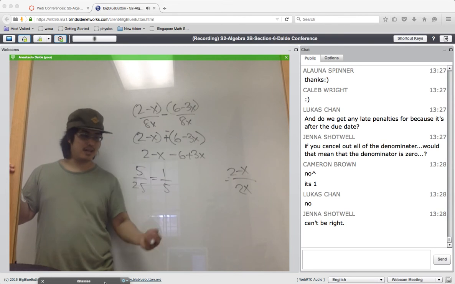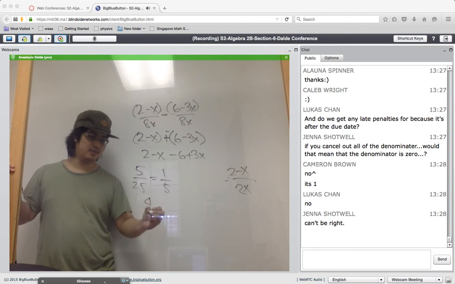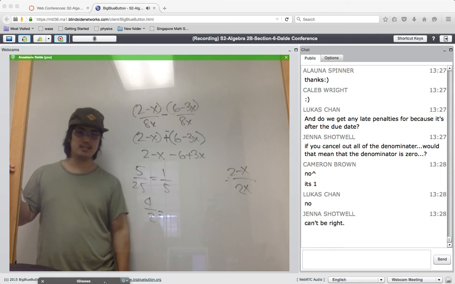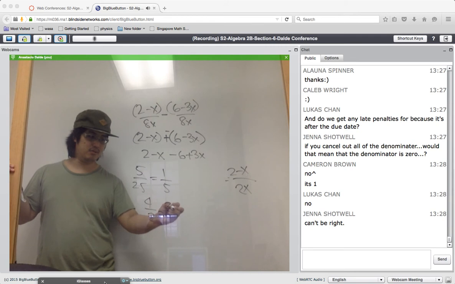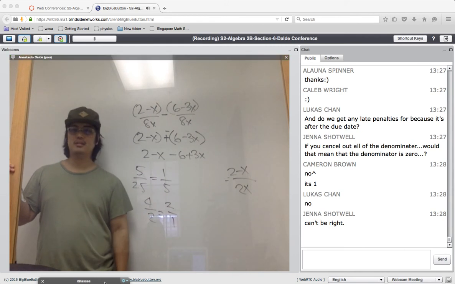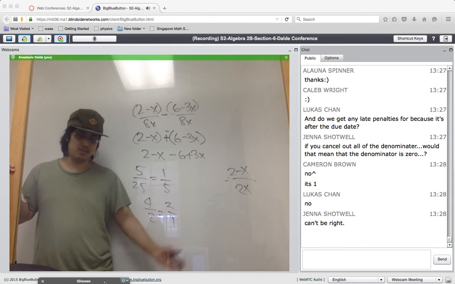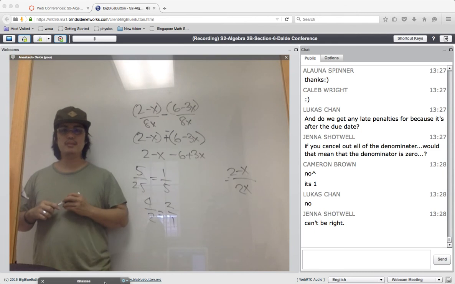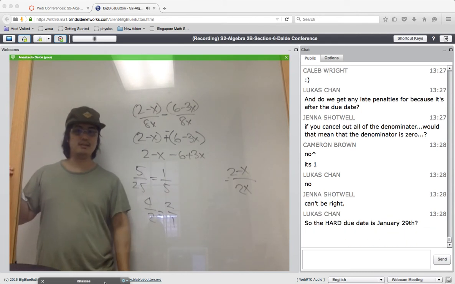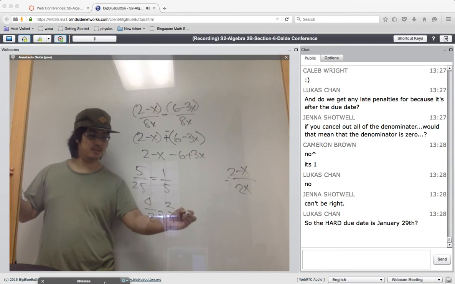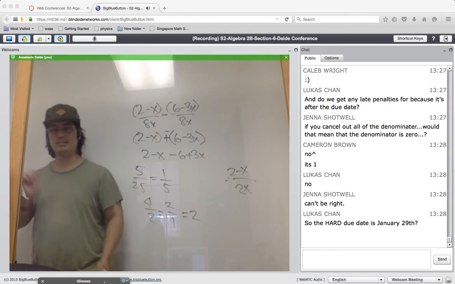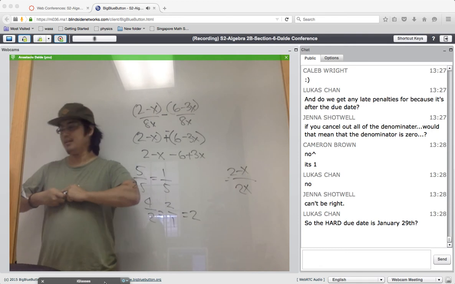So just like that, the denominator won't be 0 because you could have like 4 over 2, and then you can cancel things out, and that would be 2 over 1. The denominator is not 0, it's 1. But I guess that could be confusing because you could get rid of the denominator and just make it 2, since the 1 is pretty erroneous.